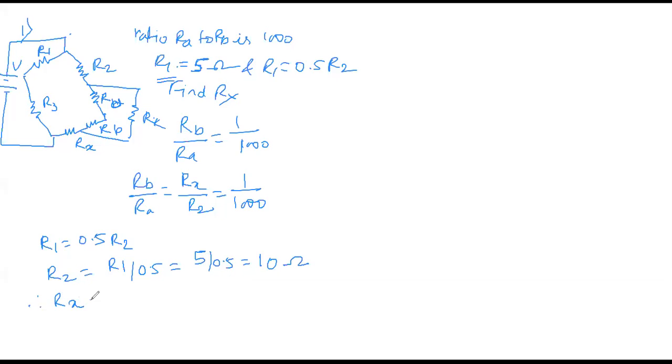Therefore, Rx is equal to how much? Rx divided by R2 is equal to 1 divided by 1000. So we'll place the value of R2 here. So what we'll find? Rx is equal to R2, which is 10, divided by 1000.